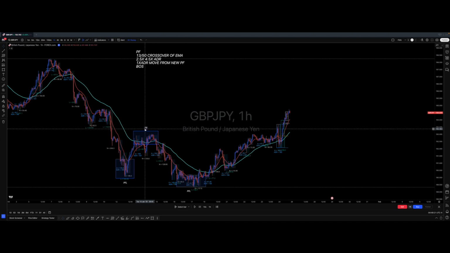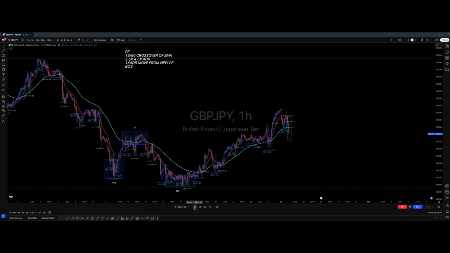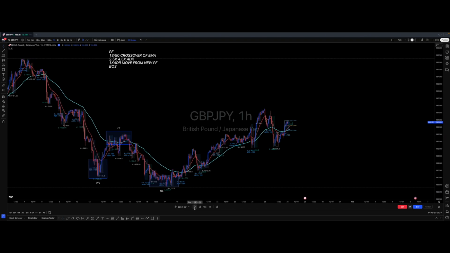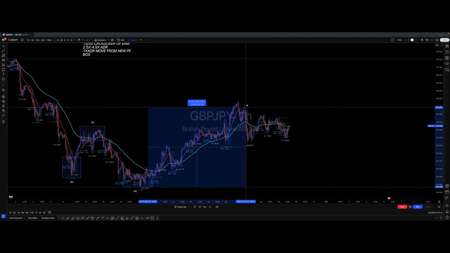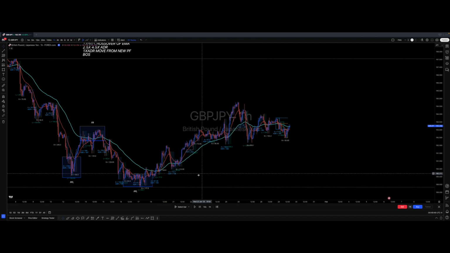We have failed reset, peak formation low, and then now essentially we're just waiting for a peak formation high to form. Now, what we're looking for here is very likely this right here is going to be a peak formation high. We just need to verify it obviously with how much movement we're talking about. 538 is the movement, and what is the average ADR here?